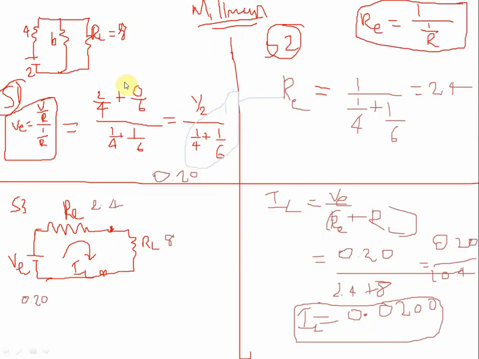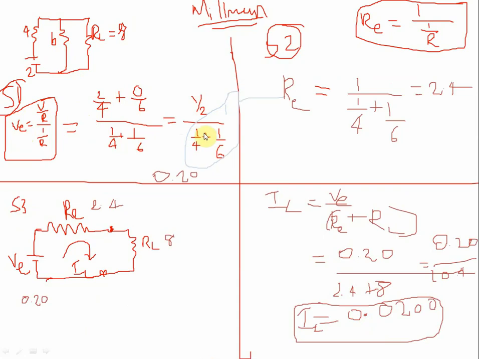So Millman, why? We want to proceed with the formula for VE and RE. What is VE? V by R, 1 by R: 2 by 4 plus 0 by 6, whole divided by 1 by 4 plus 1 by 6. Then 2 by 4 is 1 by 2.